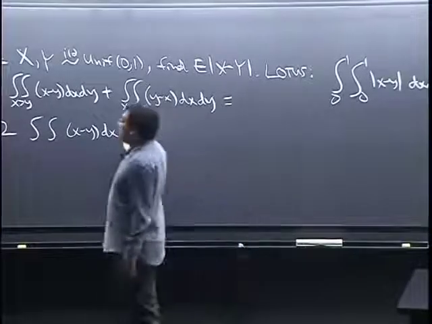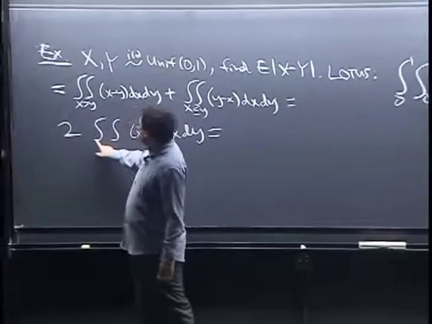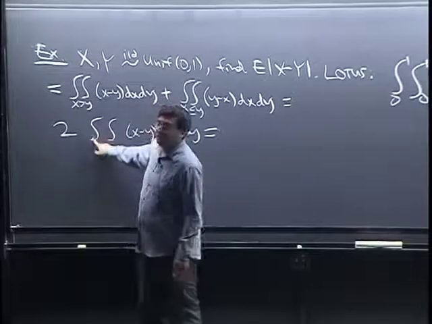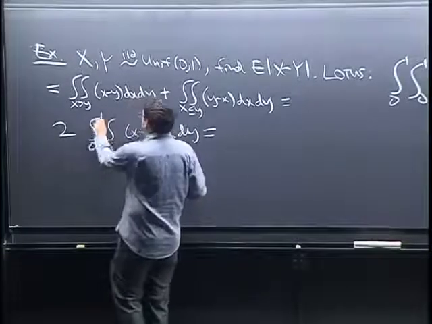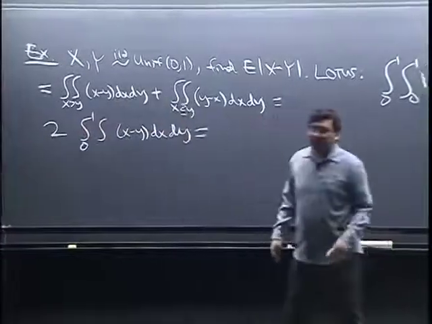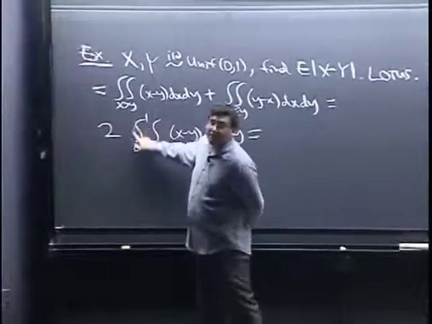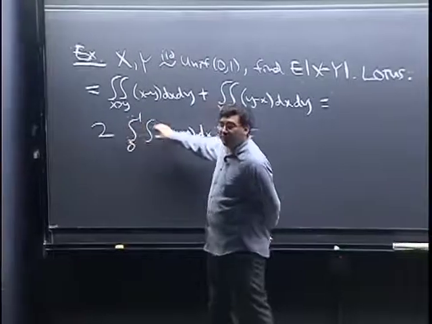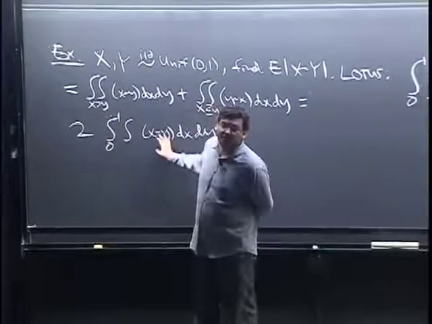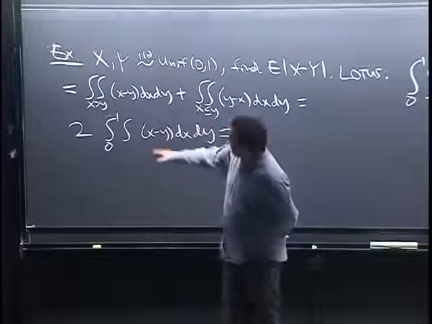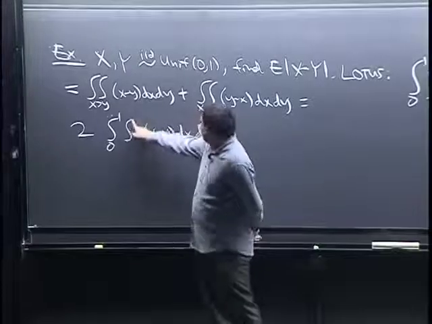So if we write dx dy, the outer limits must refer to y. And we know y goes from 0 to 1. Now the inner limits. These outer limits have to just be numbers. As you move inward, the limits can start depending on other variables. So these inner limits can depend on y.